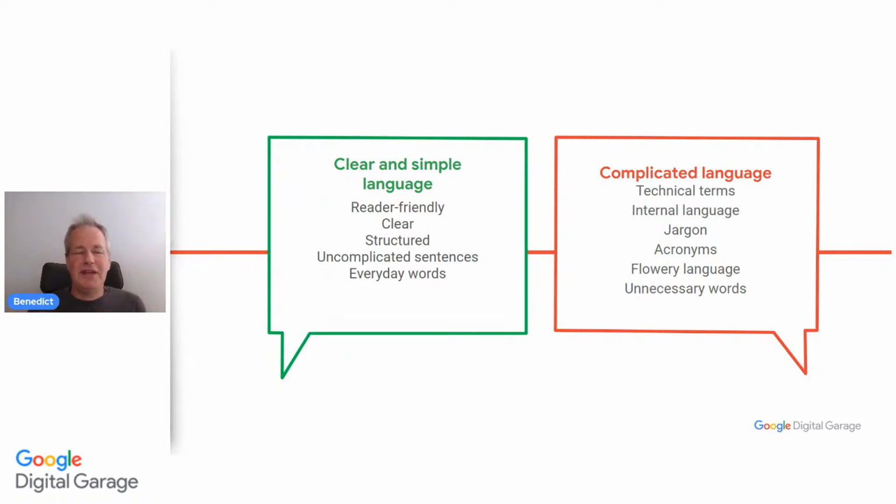Complicated language, technical terms. Oh dear. Internal language, which I was mentioning. Once you worked in a company for a certain number of years, you start to acquire their internal language. And more people from the outside world won't understand what on earth you're talking about. Or they won't laugh at the things that your company finds so funny because, of course, it's a different language.